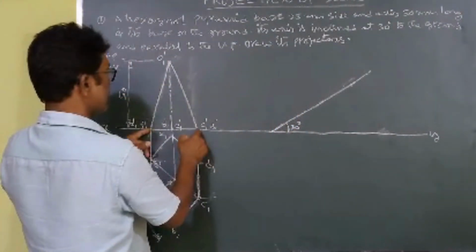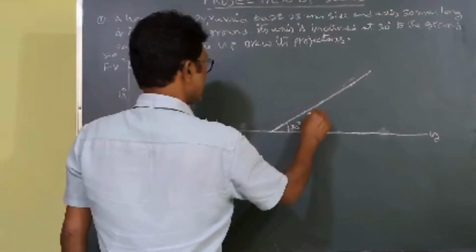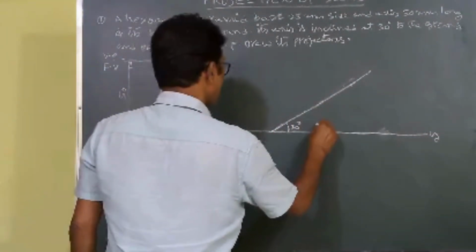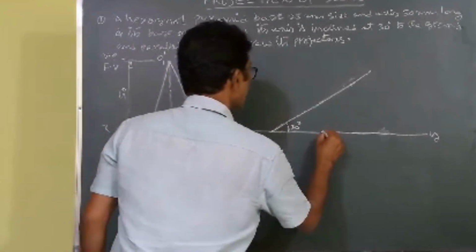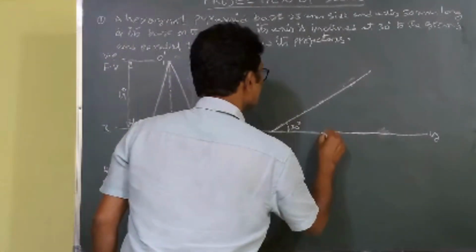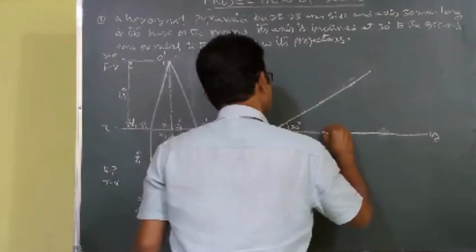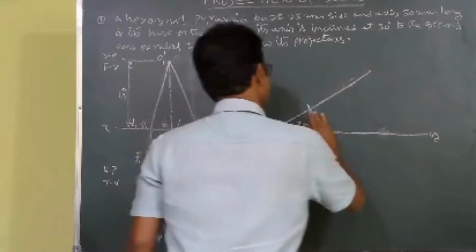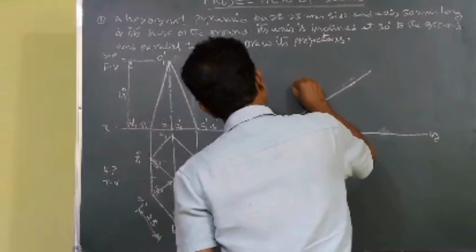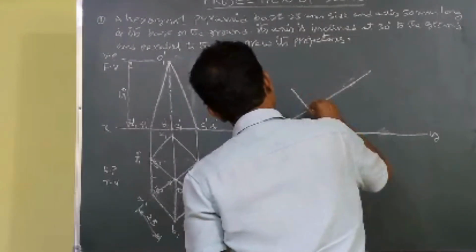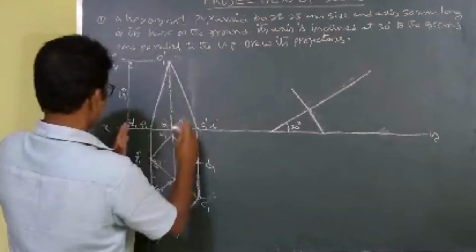A1 dash C1 dash is reoriented such that it is perpendicular to XY, and the C point is touching on XY, such that we have to draw the XY line. I am tilting like this.